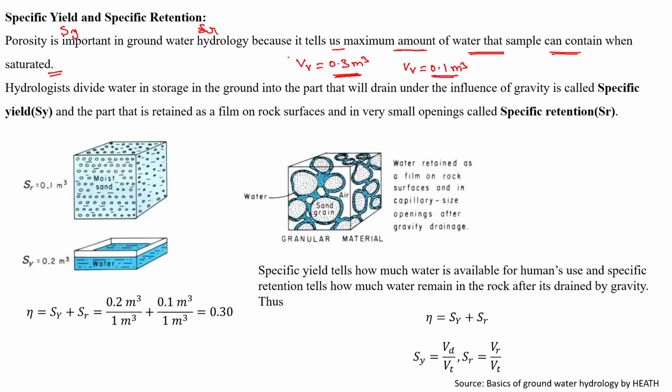Because of this it is very important to us, because in irrigation we often need to saturate the soil. Suppose the plants are reaching the permanent wilting point, we need to supply water to the field such that the soil becomes saturated.